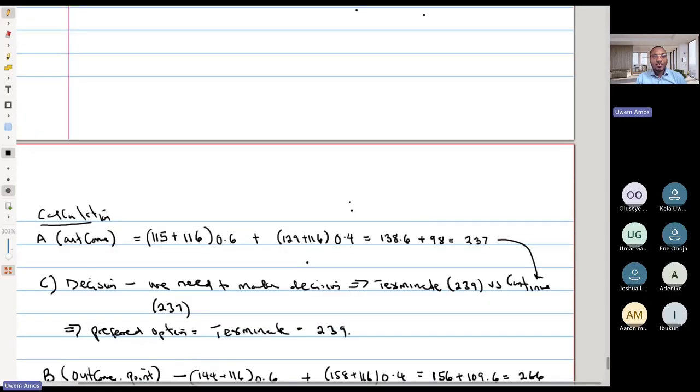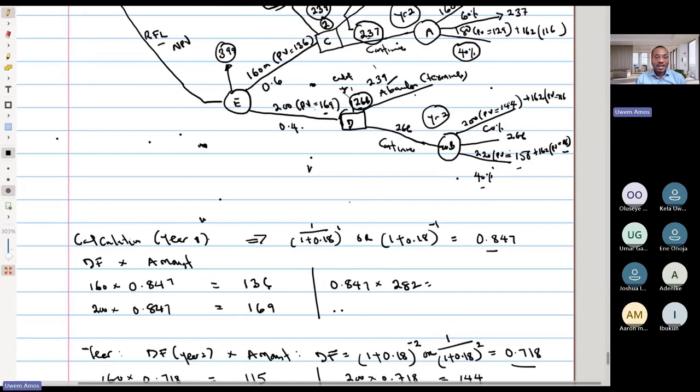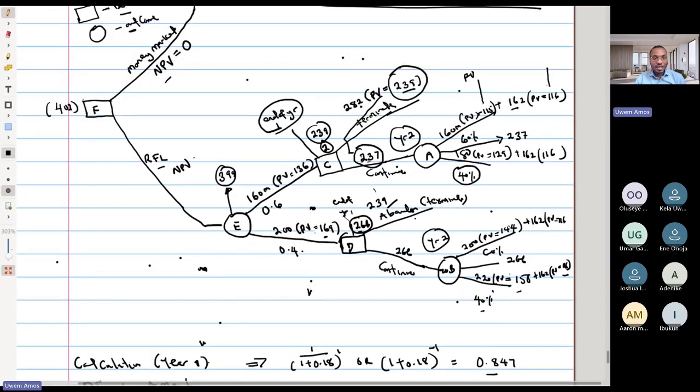So we can just put that somewhere here. What's our NPV on this line? NPV is equal to -3. So we say, let us go with the money market.